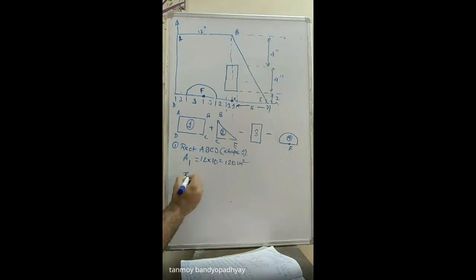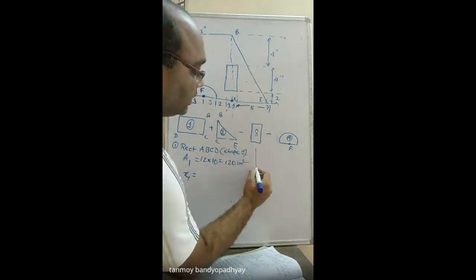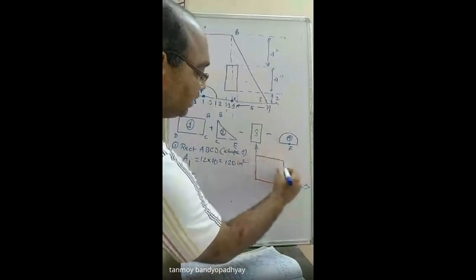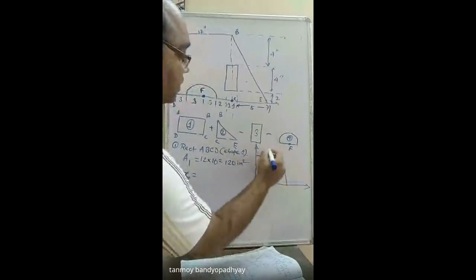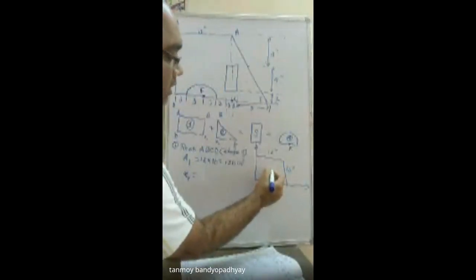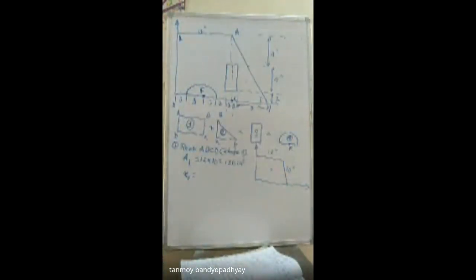So what is x1? I am drawing every figure based on its position with the axis system chosen. Suppose this is the rectangle part. This is 12 inches, this is 10 inches. So what will be the centroid? For a rectangle, since it's symmetric, the centroid will lie at b by 2, d by 2.